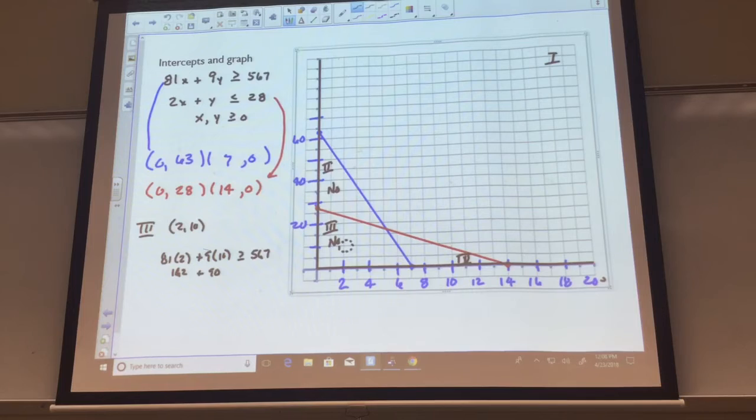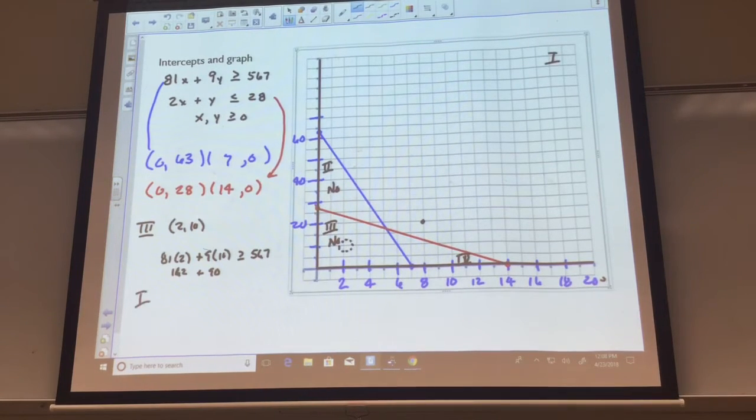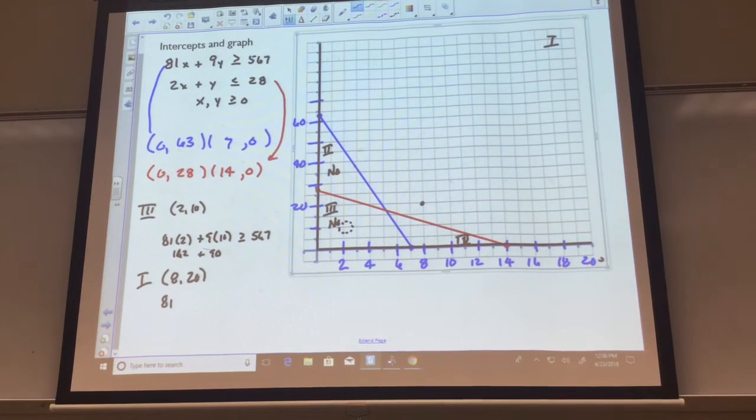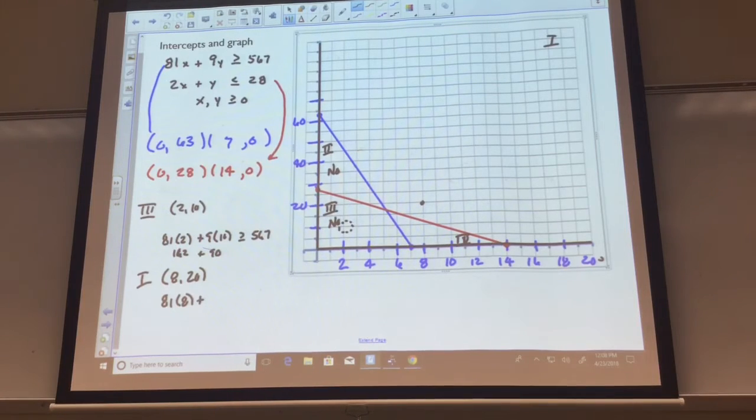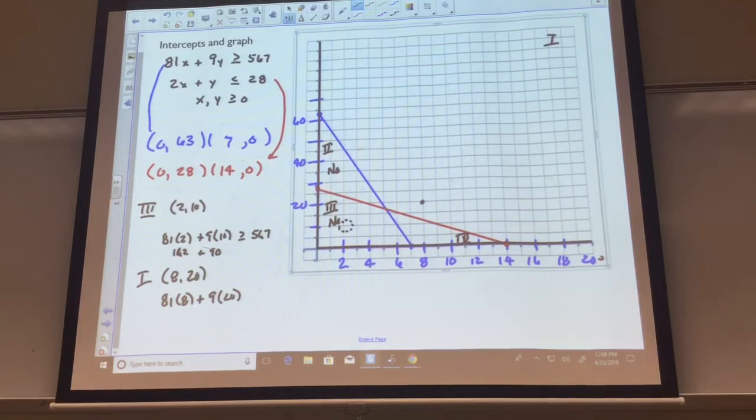Okay, pick a point. 8 and 20. Okay, so now we're checking region 1, and we're using the point 8 and 20. So now we have 81 times 8 plus 9 times 20.